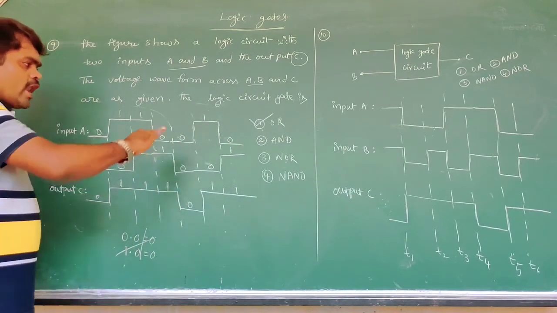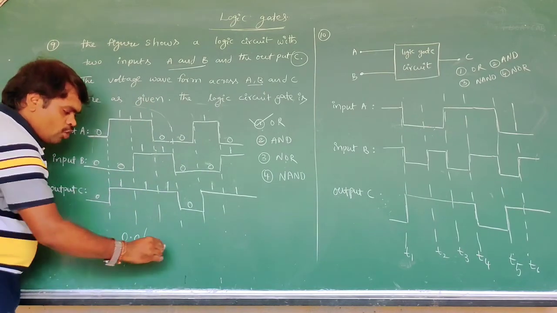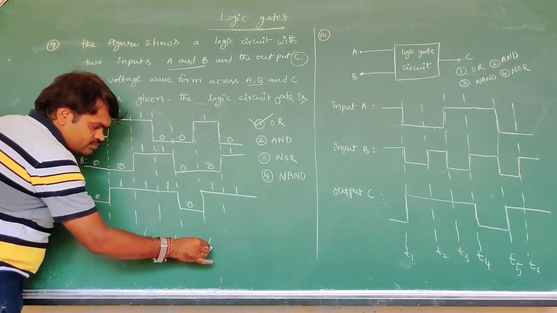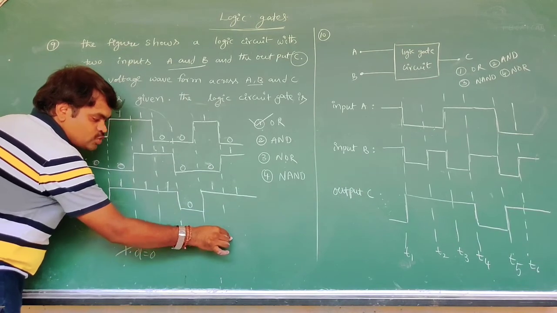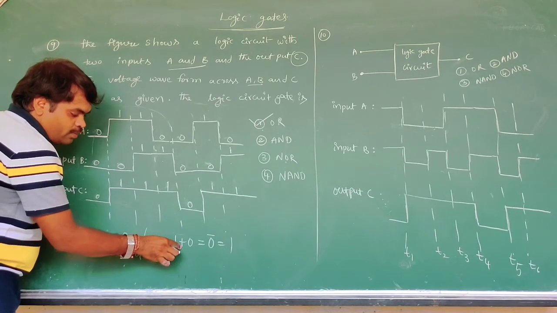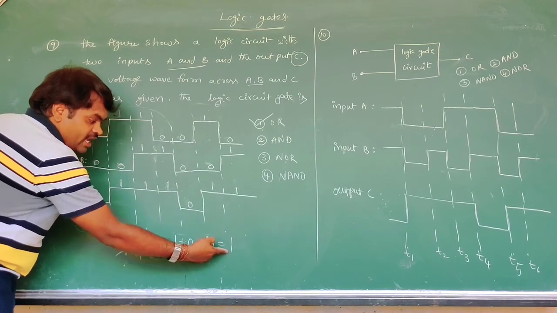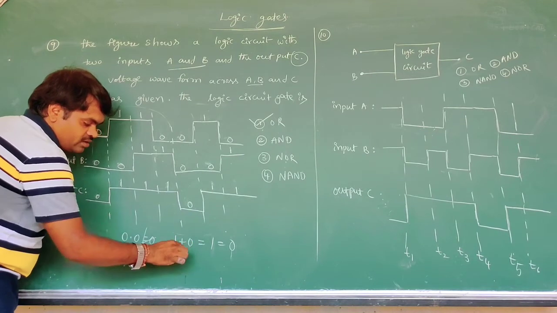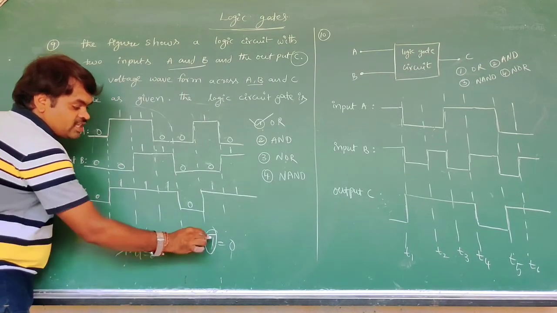Now, could it be a NOR gate? For a NOR gate, 1 plus 0 is 1, and its complement is 0. But here 1 plus 0 is 1. Similarly 1 plus 1 is 1, and its complement for a NOR gate would be 0.